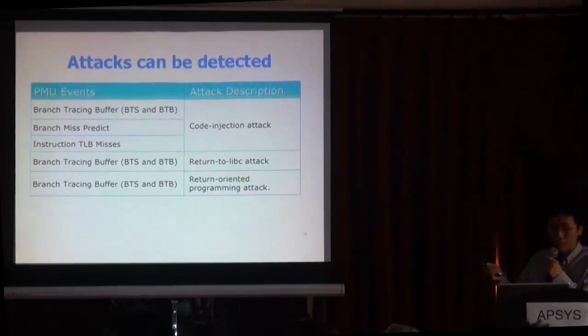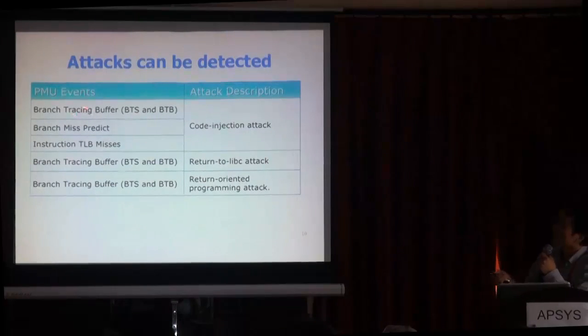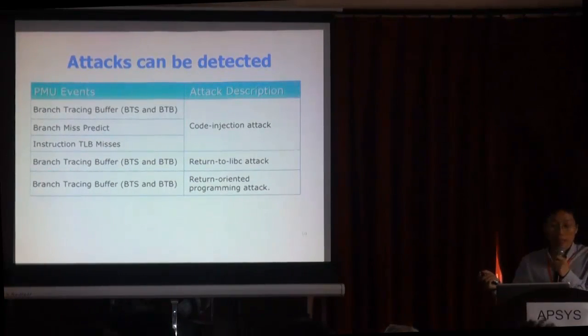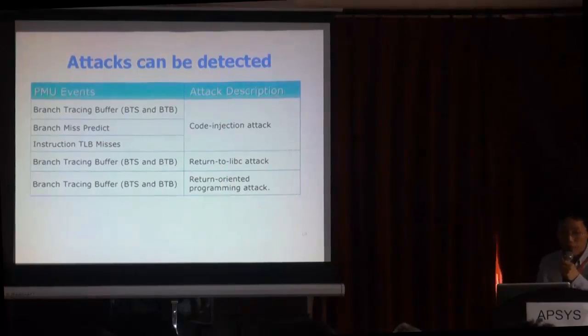For code injection attacks, we can use branch trace store, branch mispredictions, and instruction TLB misses. This is because in normal execution, events like branch mispredictions and instruction TLB misses only happen in the code section. They will never happen in the data section.